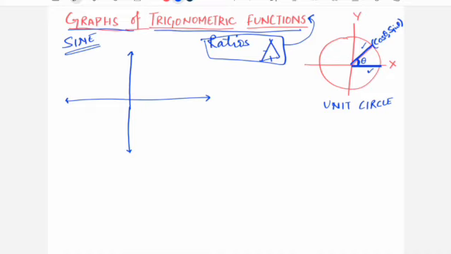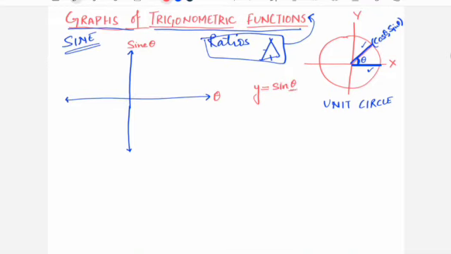Instead of x-axis and y-axis, we will be using theta and sine theta, because we are using y equals sine theta. So here we have theta as our x-axis and y is the whole function, which is sine theta.